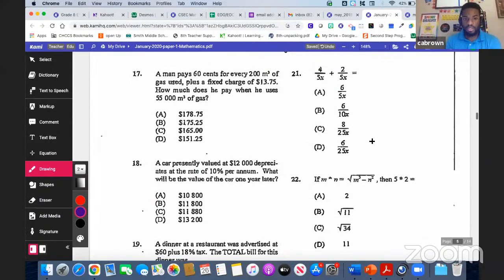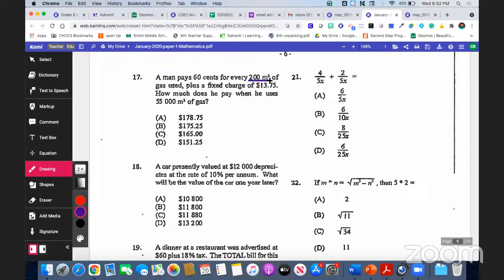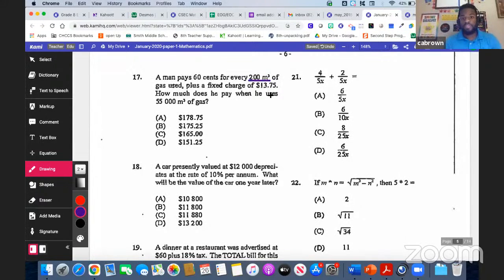All right, number 17. A man pays 60 cents for every 200 cubic meters of gas that is used, plus a fixed charge of $13.75. How much does he pay when he uses 55,000 volume of gas? So let's resolve the question now. A man pays 60 cents for every 200 cubic meters of gas that is used.